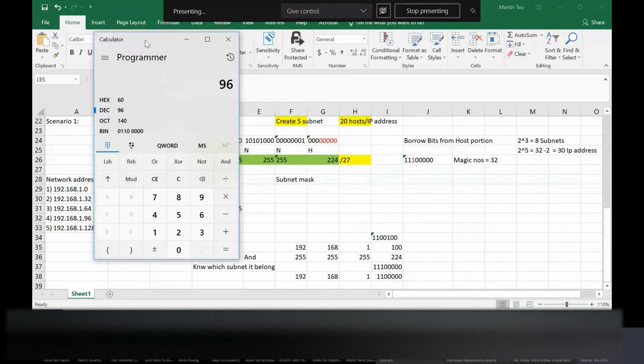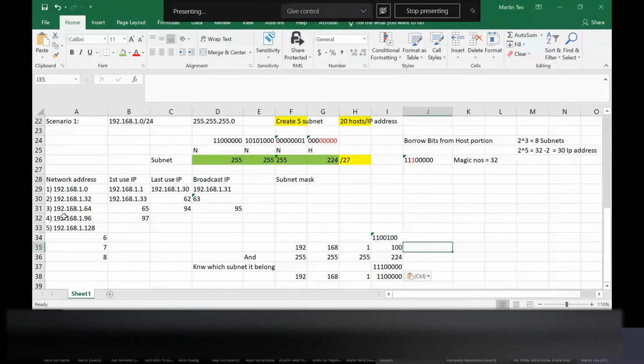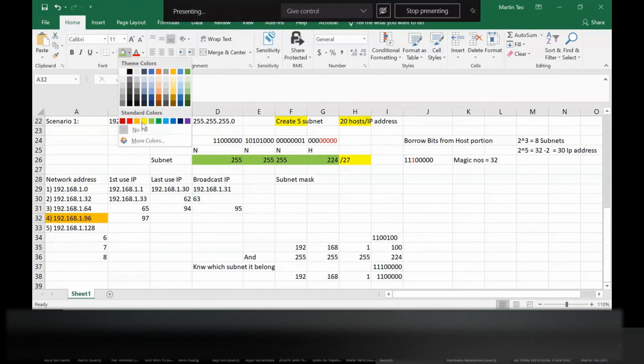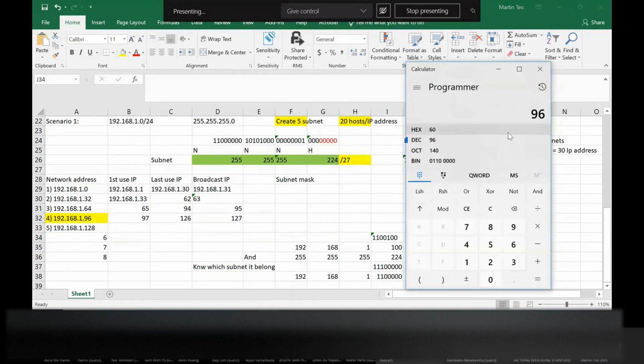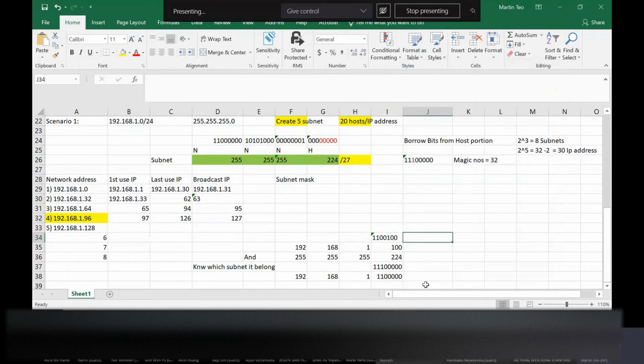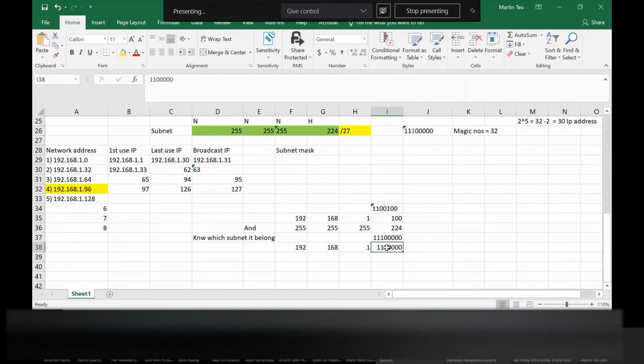So they will find that this .100 actually belongs to the fourth subnet. The fourth subnet starts from 97, ends with 127, last usable 126. So the result is 96.